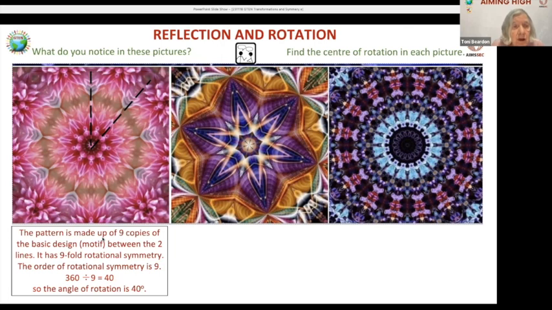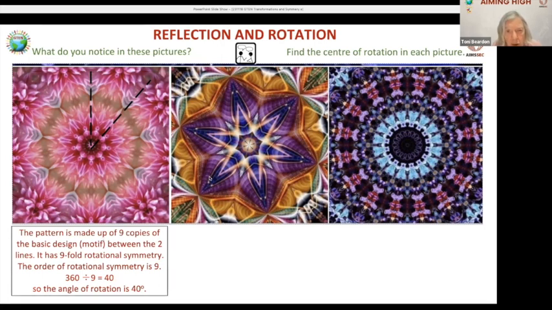Now, notice you'll get perfect symmetry with any number that is a factor of 360. But 7, for example, is not a factor of 360. You could get it by positioning the mirrors, but it would be much harder to adjust the mirrors to exactly the right angle.